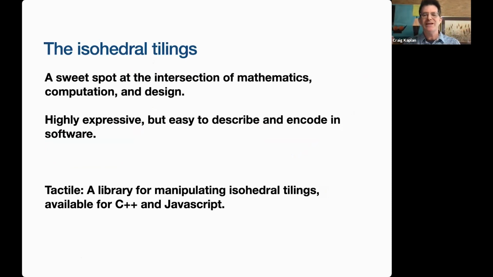They certainly can express almost all the tilings that Escher drew, with one notable exception that is mathematically tangential to this, so I won't go into it. And they are also amenable to expression in computer software. They can be given a kind of symbolic notation that you can then turn into a computer program that manages the structure of an isohedral tiling for you.